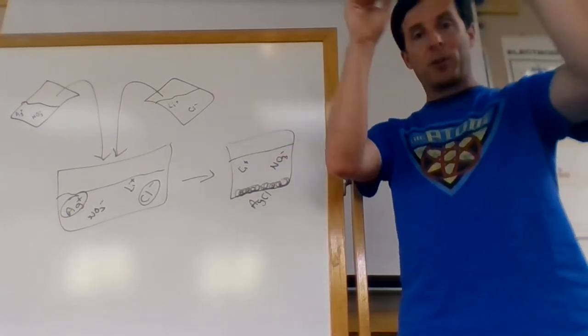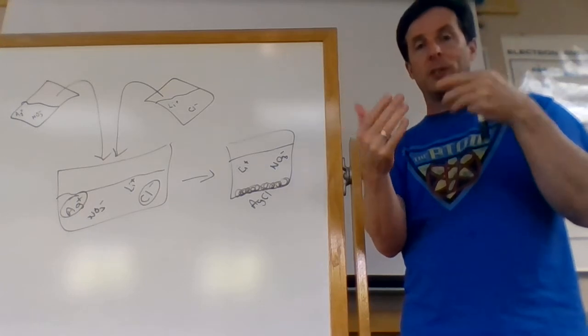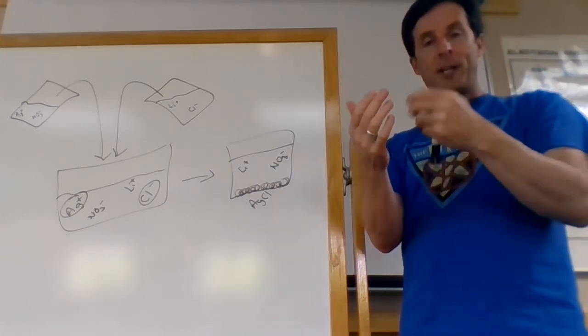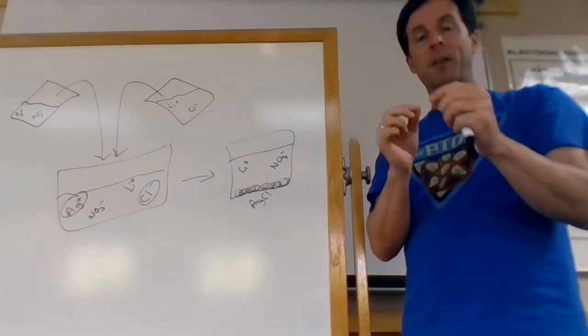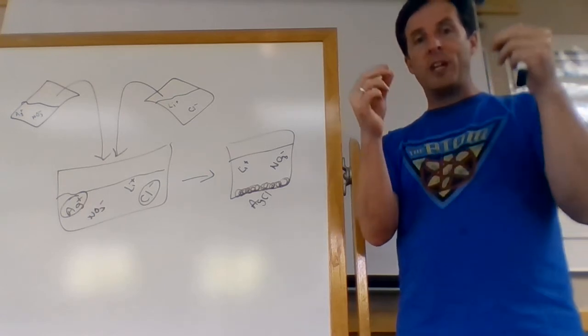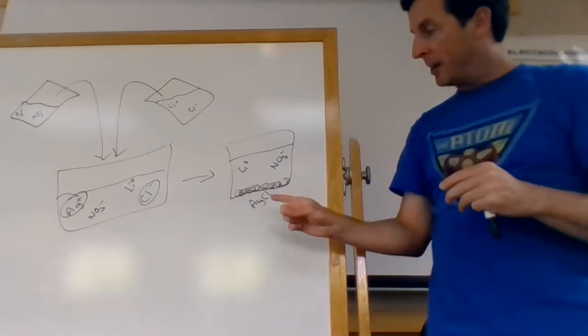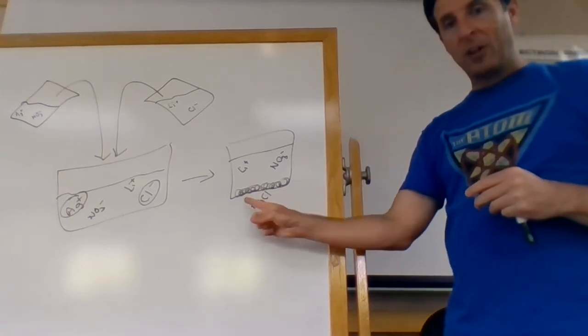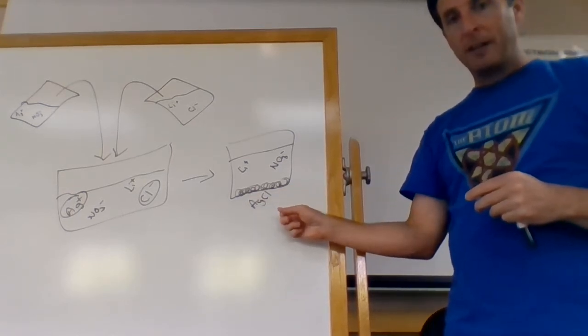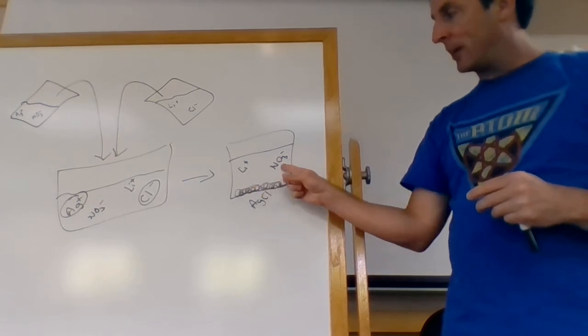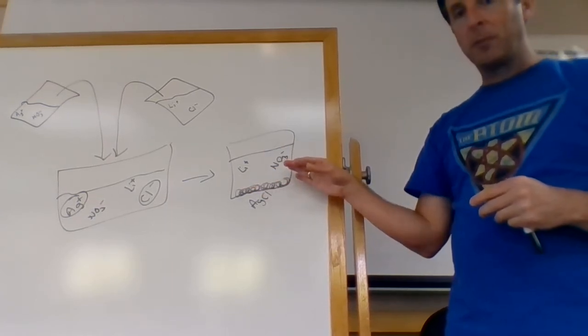The solid particles are going to form all throughout the solution, which is why the whole solution turns cloudy and you can't see through it anymore. But if you wait a little while, all those heavy solid particles will settle to the bottom and it'll end up looking like this. The solid on the bottom is my silver chloride, and then I have lithium ions and nitrate ions floating around. Okay?